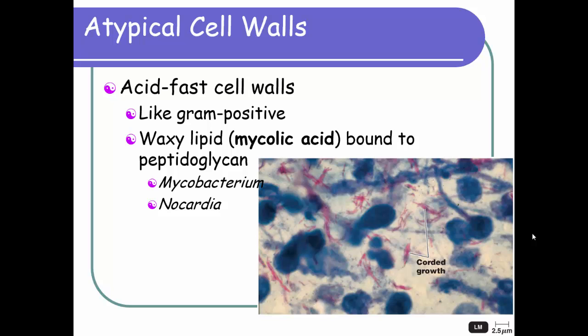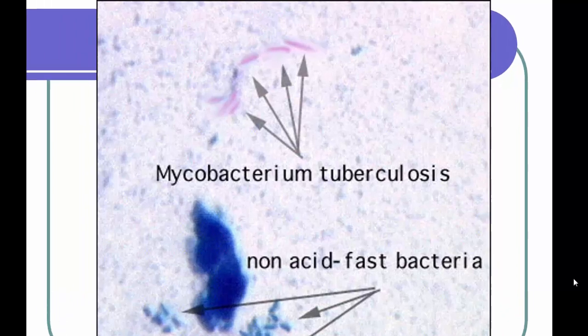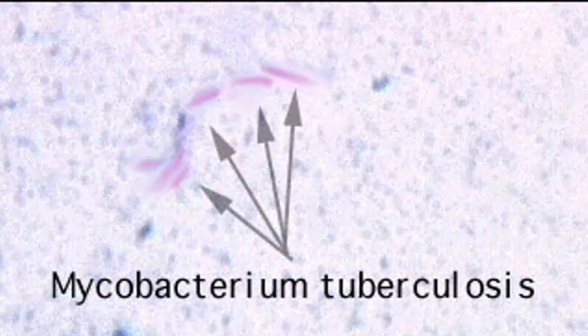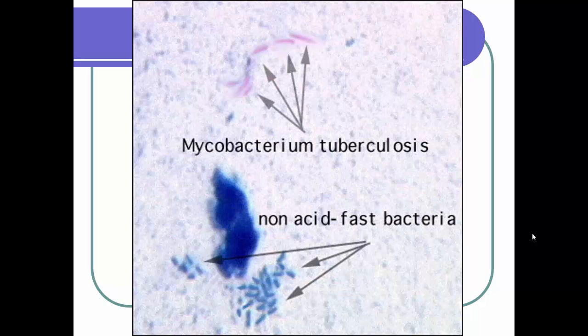In an acid-fast stain, the acid-fast bacteria will appear red. Here is Mycobacterium tuberculosis, which is an acid-fast bacteria, and the non-acid-fast bacteria that take up the methylene blue secondary stain of the acid-fast staining will appear this bluish color. So you have to know what is the stain that you are looking at.